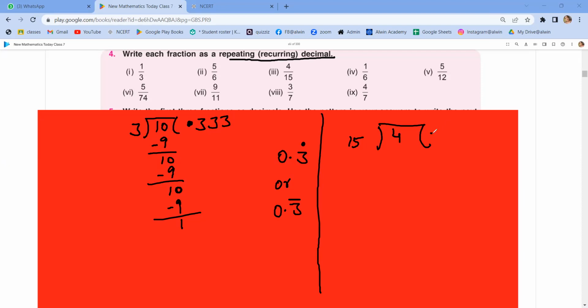So I am first of all putting a point and writing a 0. Now 15 2s are 30. I'll subtract, I'll get a 10, right? Because of this decimal point here, a 0 I can put by myself, right or not?